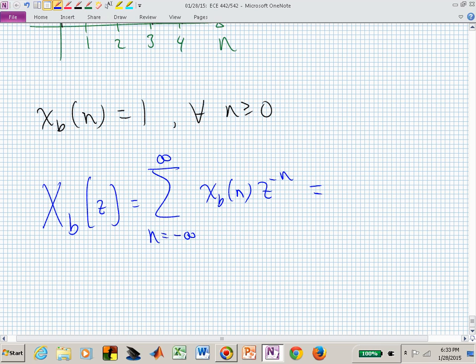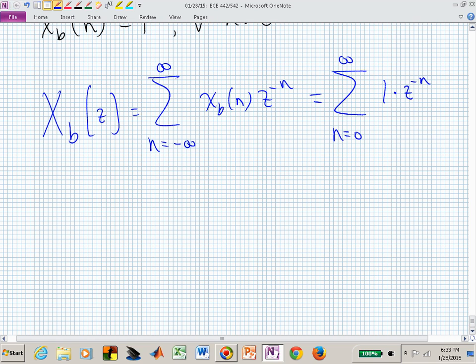So we can now rewrite this and say from n equals 0 to infinity, this is 1 times z to the minus n. This now becomes z to the 0, which is 1, plus z to the minus 1 plus z to the minus 2 plus z to the minus 3, and it just keeps going and going.